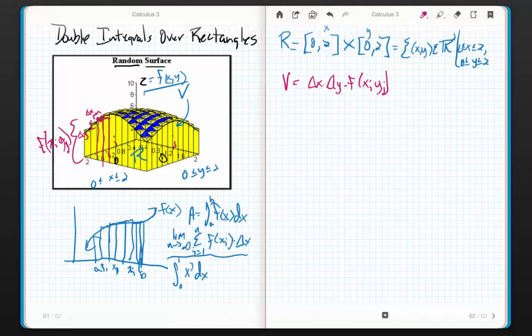But this could be x sub 5, and this could be, let's call it, y sub 3. But I've got all of these x sub 5s that I would have to count up because each one of these rectangles is going to have an x sub 5 to it. So I can't just sub-index with x sub i and y sub i.